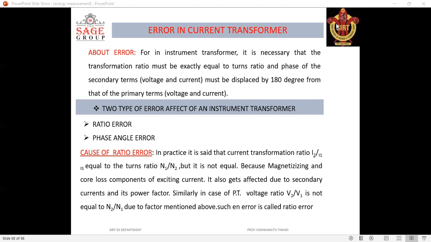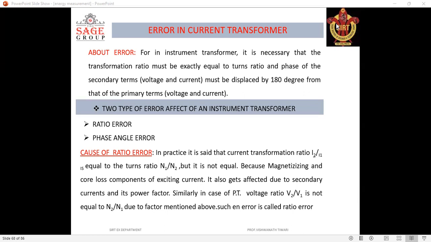V1 by V2 equal to N1 by N2, or E1 by E2 equal to N1 by N2, is called the turn ratio, and then the phase angle of the secondary terms. So two types of errors affect the instrument transformer: ratio errors and phase angle errors. One by one we will discuss what is ratio error and what is phase angle error. First of all, we discuss ratio errors.